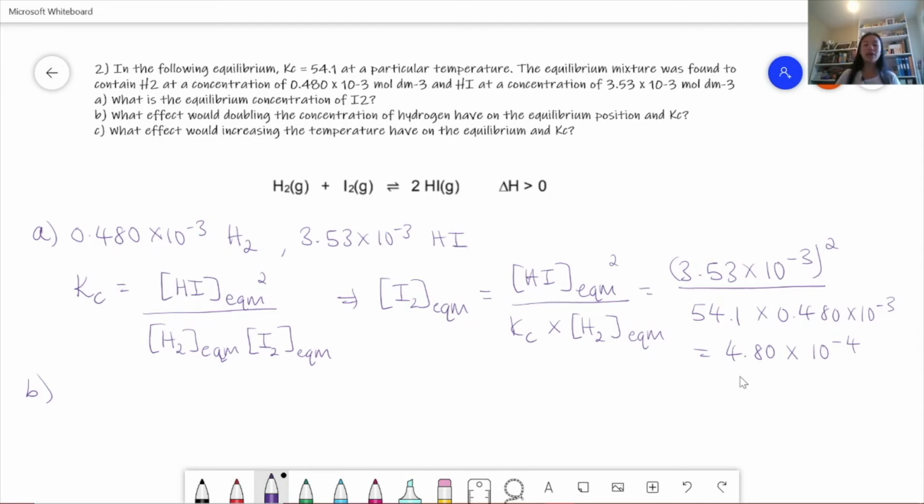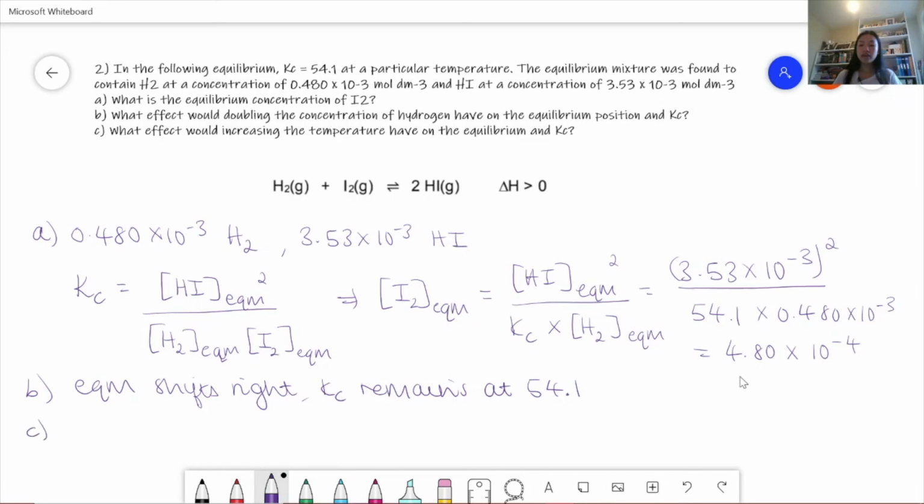And so the equilibrium shifts to the right. The thing to remember about Kc is that it is not affected by concentration. So the Kc remains at 54.1.